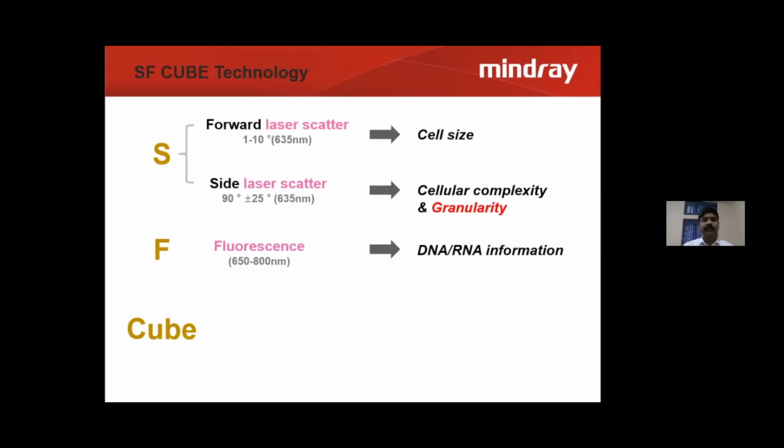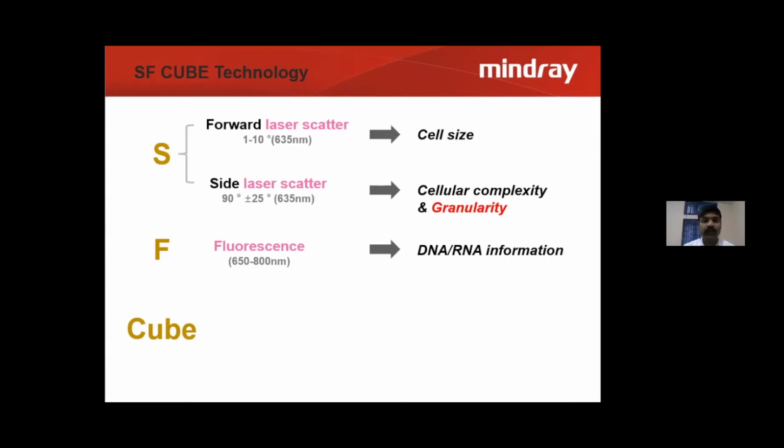This fluorescence will give you the DNA and RNA information, which is indirectly the measurement of the maturity level of each cell. So we will be taking all these parameters and analyzing them in a 3-dimensional manner. You have to note down that we will be measuring each cellular size, each cellular complexity, as well as granularity, which is very important for platelet, and fluorescence, which is the DNA RNA information.